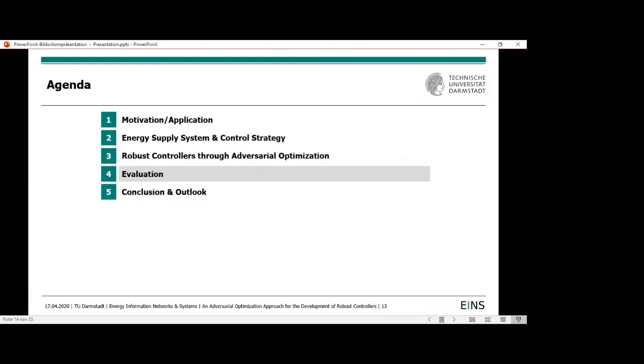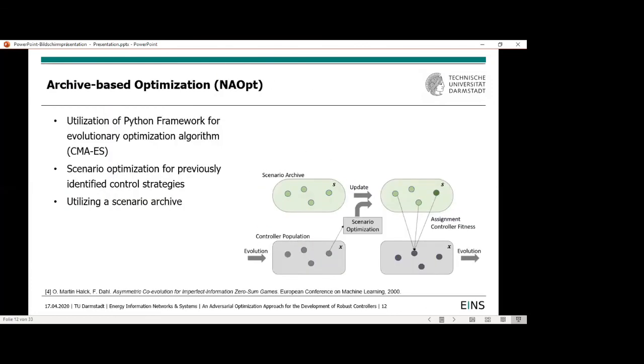This is indeed something that was a crucial part of the work, to look at this update process. Currently, in this work, we use a variance-based method. Our goal was to always have a very diverse set of worst-case scenarios stored in this archive. So if we, for instance, identify in a scenario optimization a scenario which is severe, but is very similar to a scenario which is already in the archive, we don't include it into the archive.